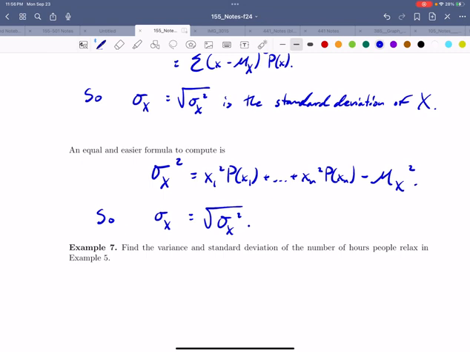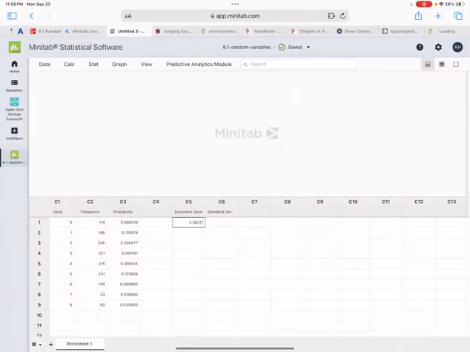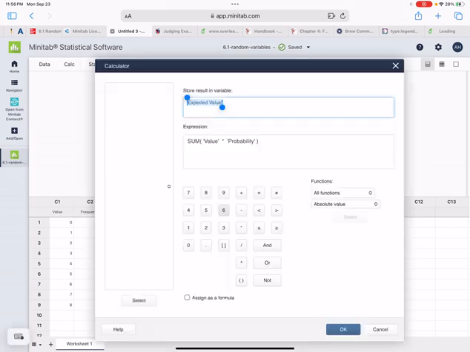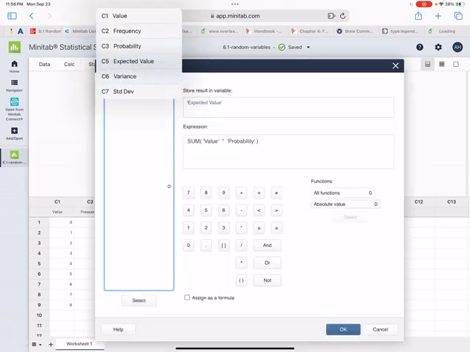So let's see if we can do this using Minitab. I'll call this standard deviation, and let's make that the variance. Let's see if we can find the variance first. So we go to calculator. Now we're going to store this one in, let's say, variance.